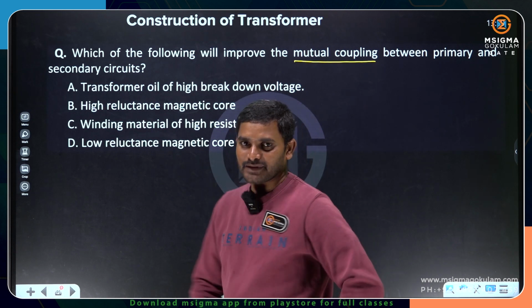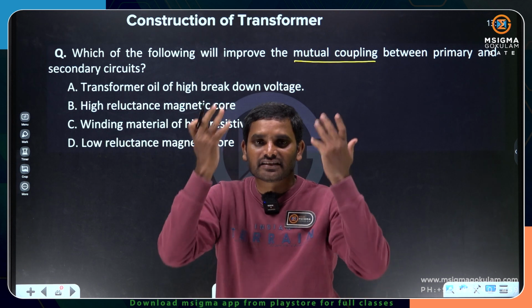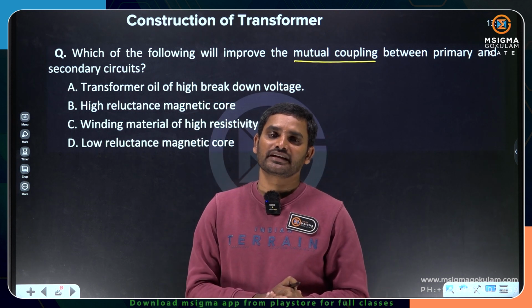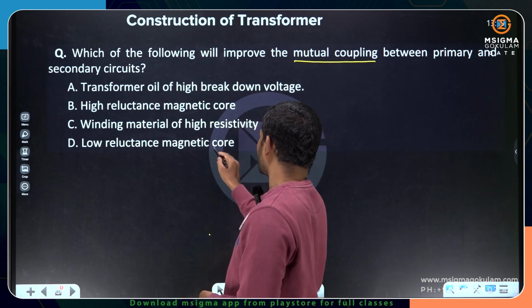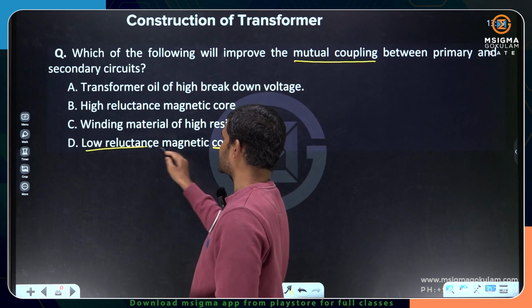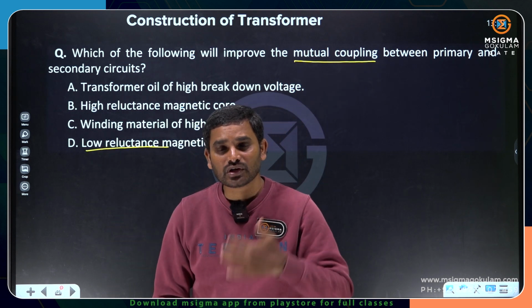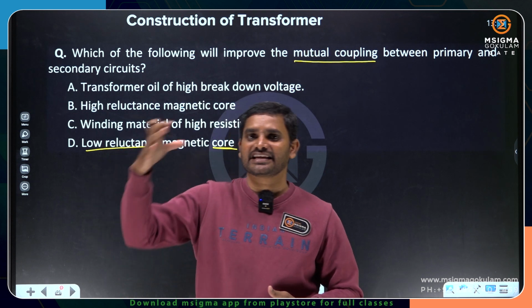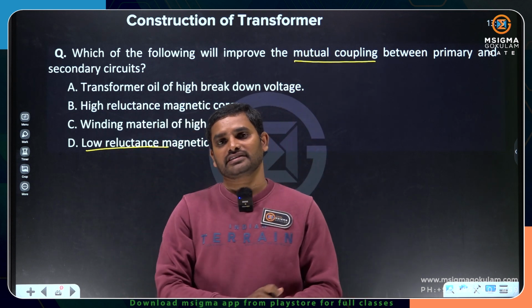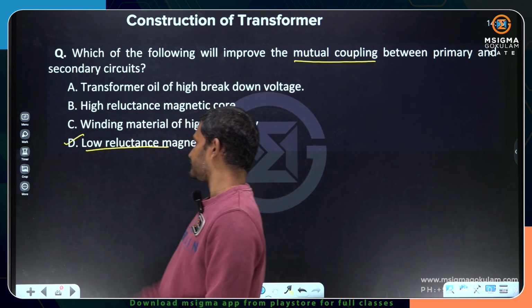Just by providing a good magnetic path, we can enhance the mutual coupling, because the core has to possess low reluctance. If it possesses low reluctance, then all the flux lines can be diverted onto the second coil side. So this is the only answer.